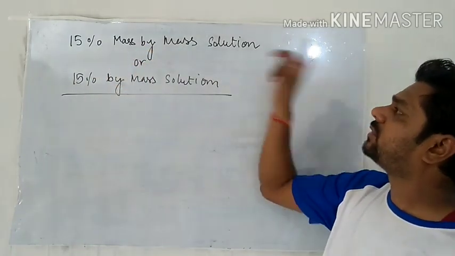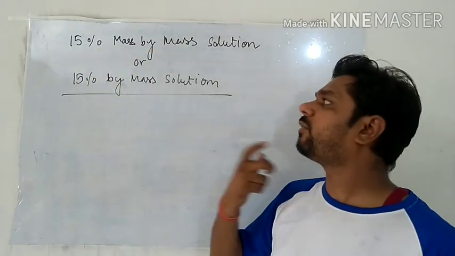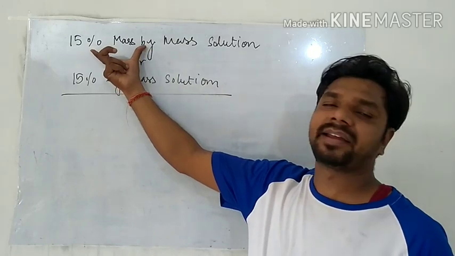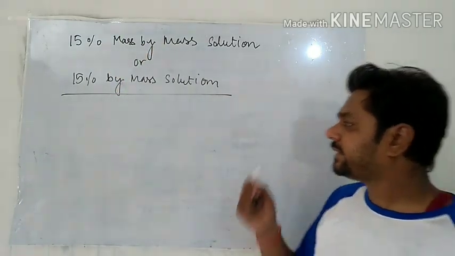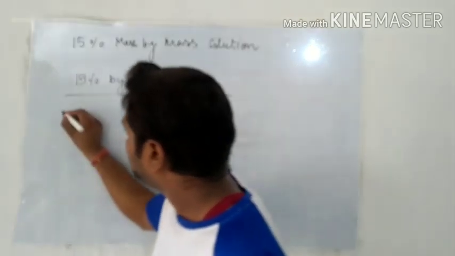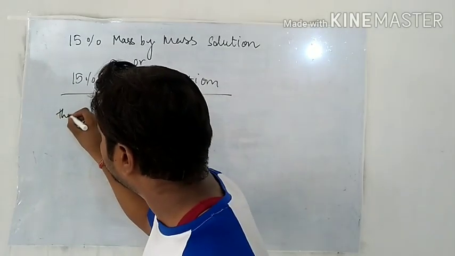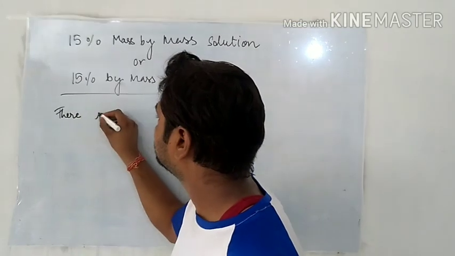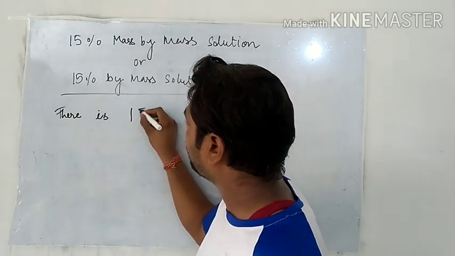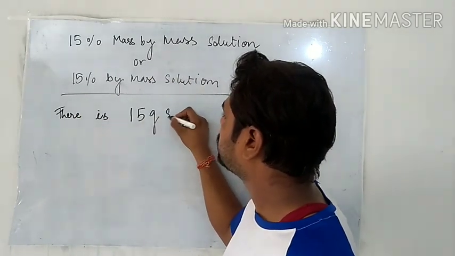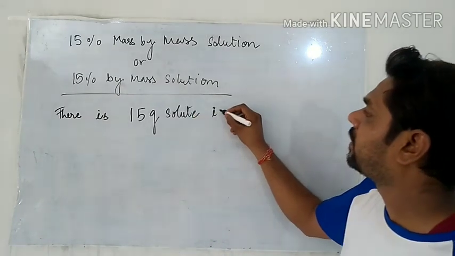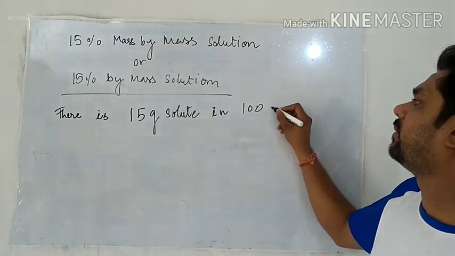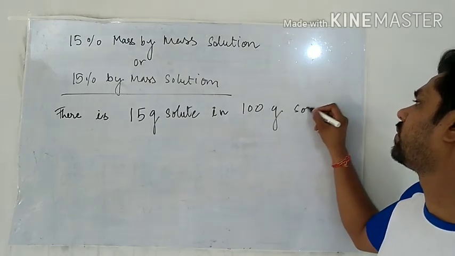15% mass by mass solution. What piece of information are we gathering from this statement? 15% mass by mass means there is 15 gram solute in 100 gram solution.